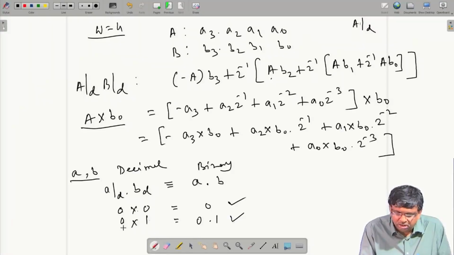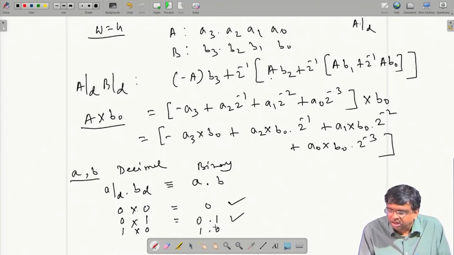Similarly, if this is decimal 1 and this is decimal 0, if you multiply you get 0. In binary, this is binary 1 and this is binary 0, and 1 dot 0 is a binary variable whose value is logic 0, so its decimal value is again simply 0. So, this is satisfied.